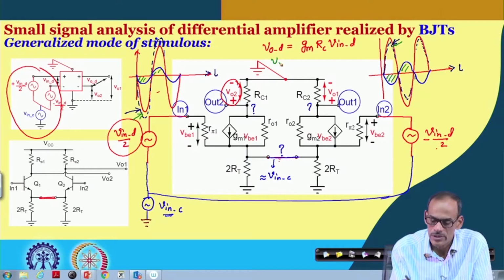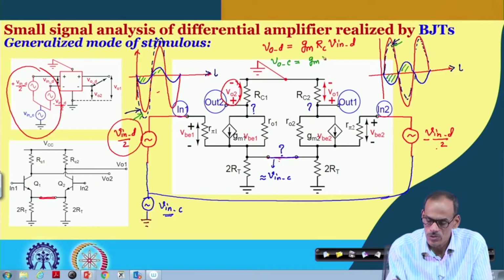So, we can say that VOC, if I take average of the two signals, then VOC equals GM into RC into V in C.